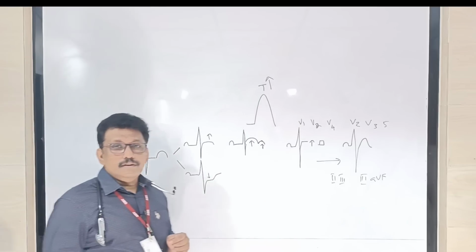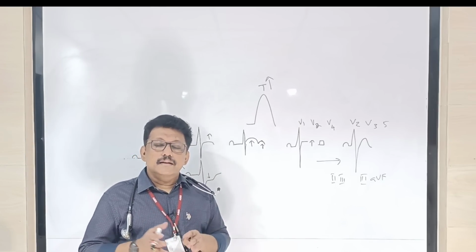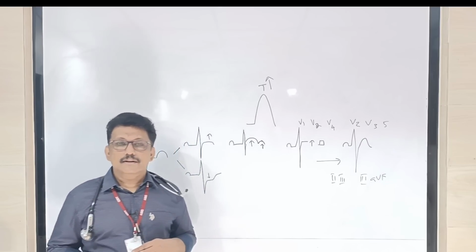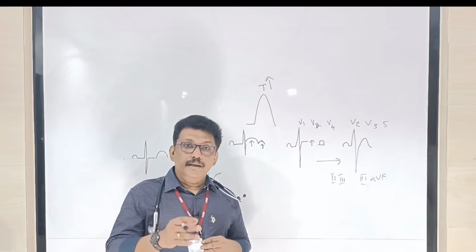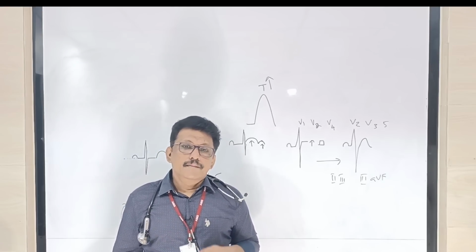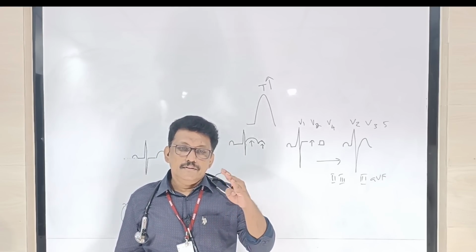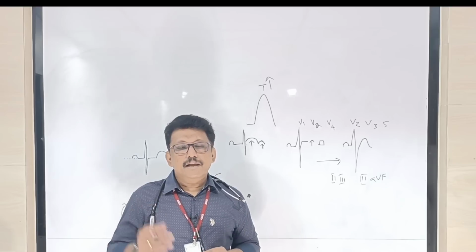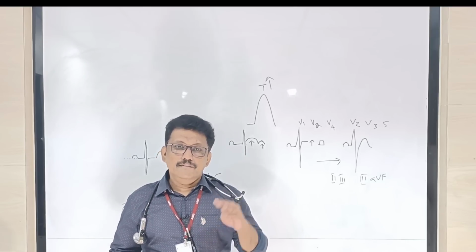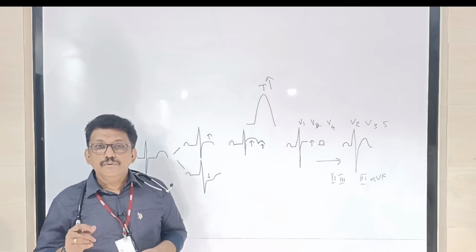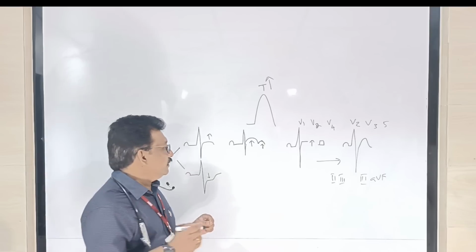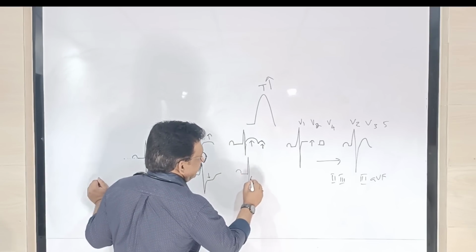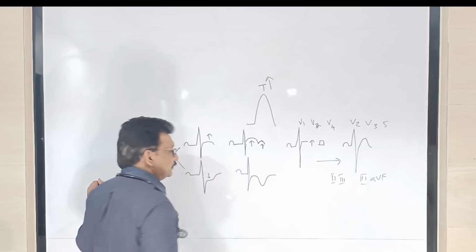Now, one more thing we have to understand is, when you are classifying myocardial infarction by ECG, there are two important types: ST elevation MI and non-ST elevation MI. That means in an ECG, if you are seeing ST elevation and troponin and CKMB are elevated, it is myocardial infarction. We can call it ST elevation MI. But in some patients, you don't see ST elevation. Instead, you see the P wave, QRS complex, and you get deeply inverted T waves.